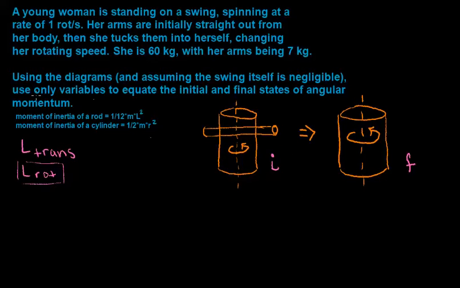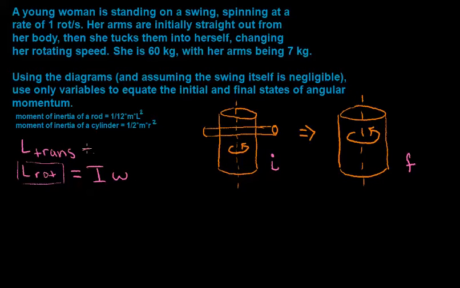And we are going to write both of these out in full variables so that we can see how this angular momentum progresses. So since we're going to be working with rotational angular momentum, we might as well have the equation for it, and that would be the moment of inertia of our object, whichever one we're looking at, times our angular velocity.